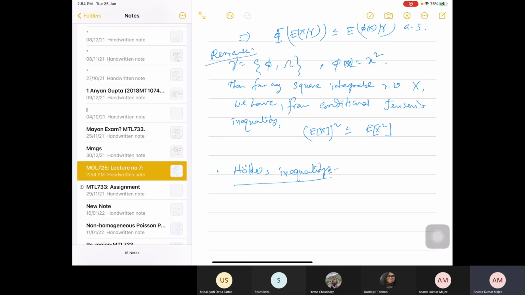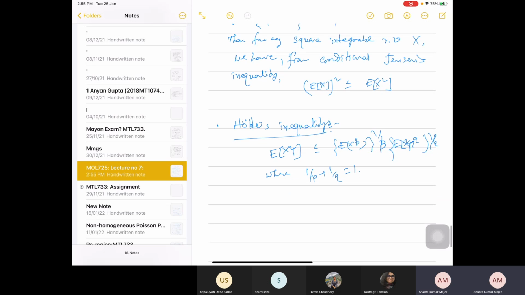Not only that, what you have seen is called the Hölder inequality. The expectation of xy is less than or equal to the expectation of x to the power p, whole to the power 1 by p, times the expectation of y to the power q, whole to the power 1 by q, where 1 by p plus 1 by q is equal to 1.